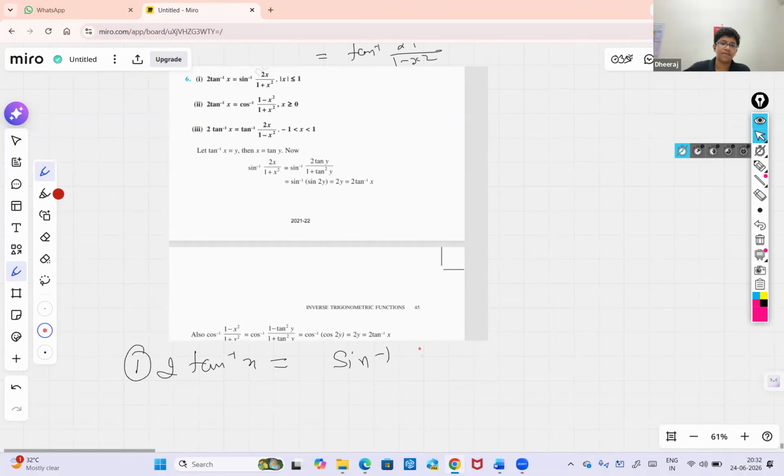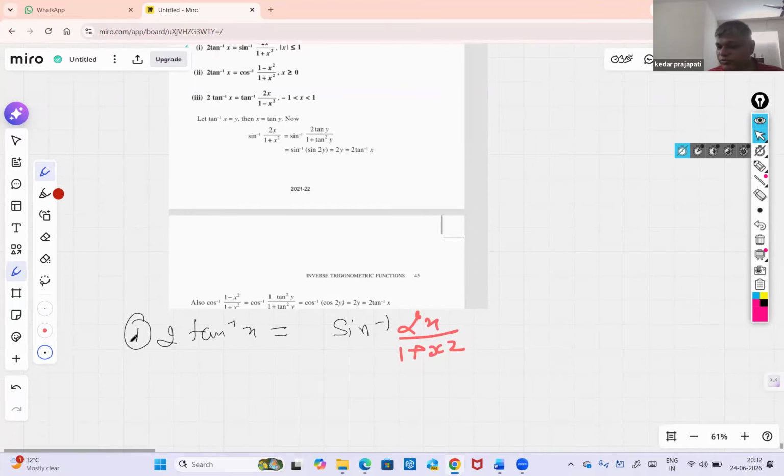Now let us consider this value as y. Tan inverse x equal to y.